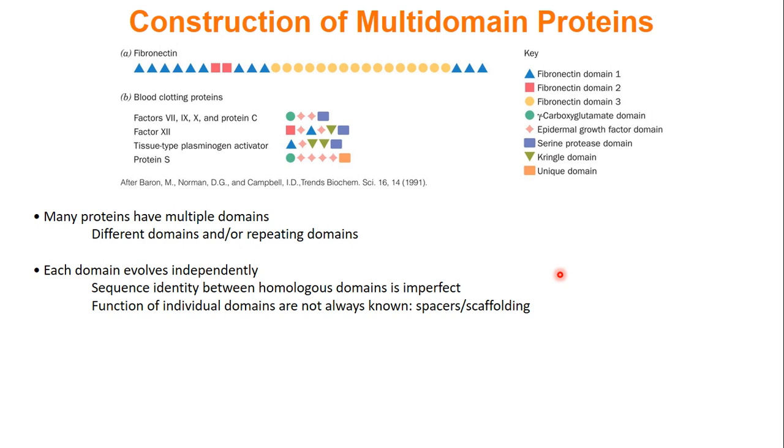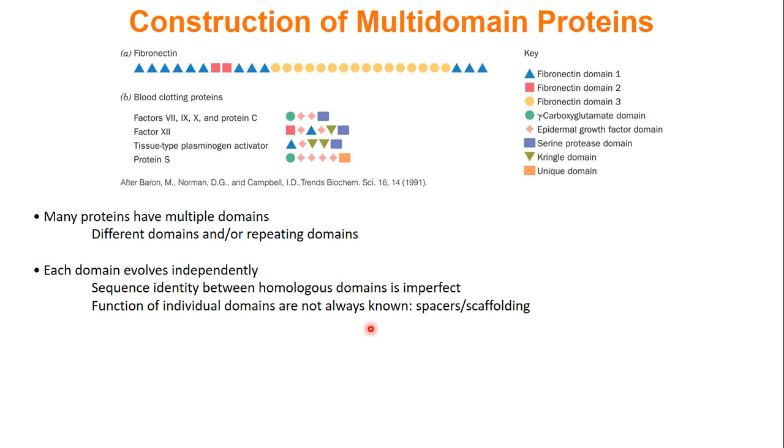Now, when we're looking at sequence identity between homologous domains, you're probably not going to get a one-to-one match, because a lot of the time shape matters more than actual sequence. And although we do know a lot about individual domains, we don't always know what they do.